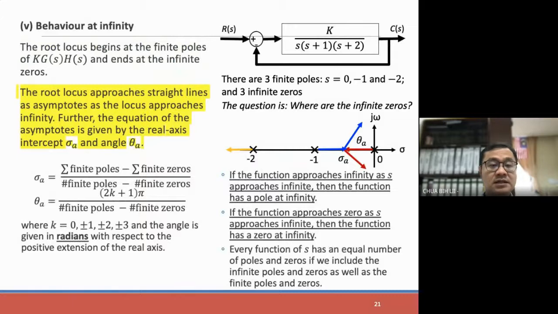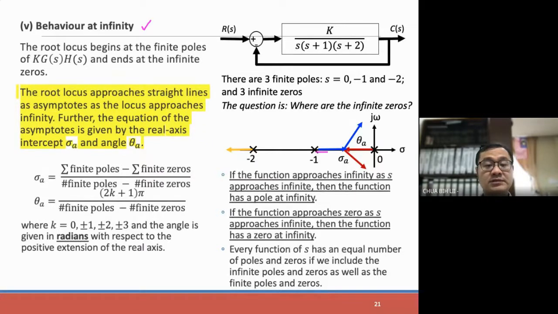Okay, so the next one would be the behavior at infinity, right? I think this one is a different transfer function. Yeah, so this one is different. So now for the behavior at infinity, what would occur is that the root locus approaches a straight line.